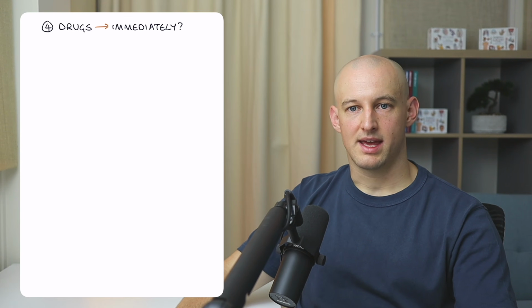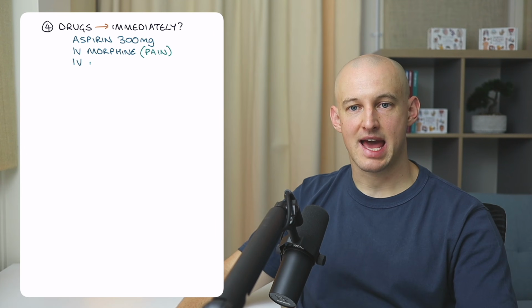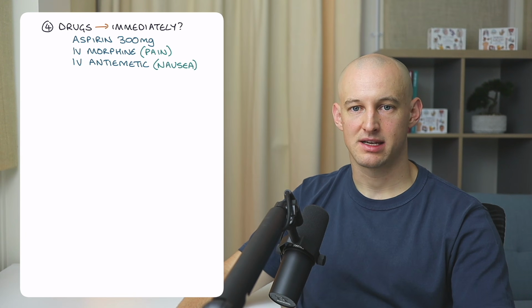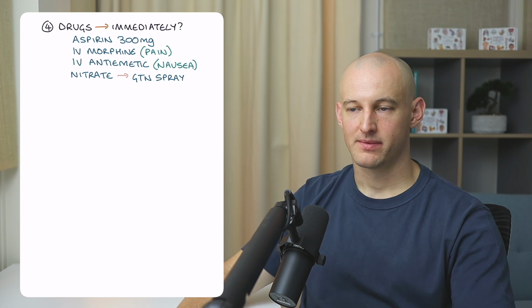The first thing is aspirin 300 milligrams, intravenous morphine for pain, an intravenous antiemetic for nausea, for example metoclopramide, and a nitrate, for example GTN spray.